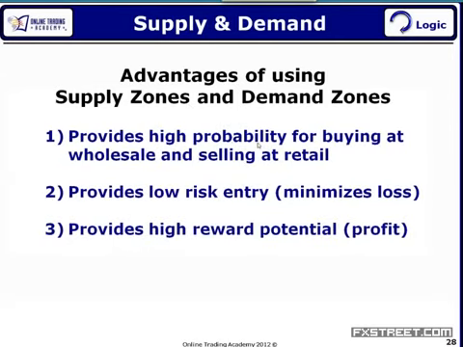The key thing is high probability right there. Because if we do take a second or third test, yes, it is a low risk entry because we can still get out if we break that area of demand and still get high reward if we're right, but it's a lower probability on the second or third test. That's the key thing. All right.